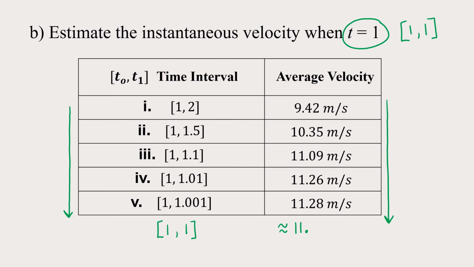And then the difference between 11.26 and 11.28 will be 2/100ths. So the next difference will probably be even smaller than that. So this is probably something around 11.29 meters per second. And that's just the estimate. It's just a guess. We're not quite sure, but it's probably close to this value.